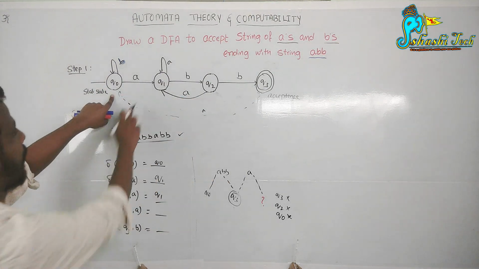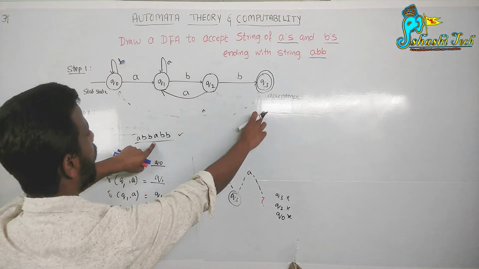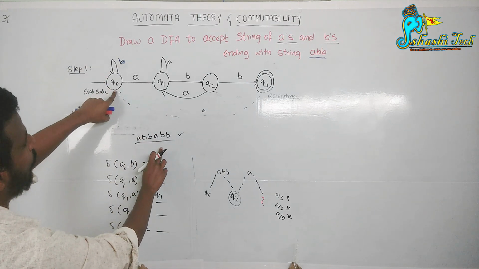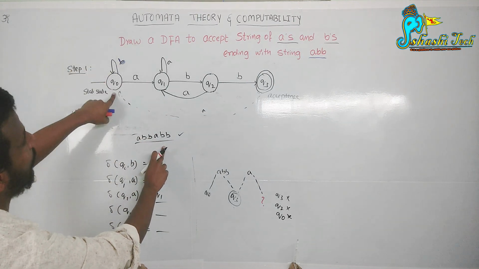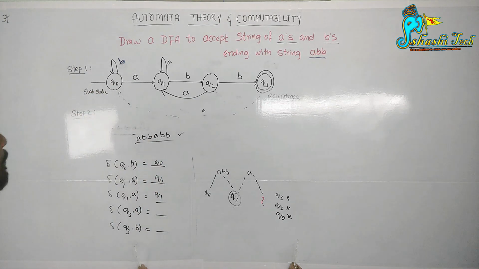Q0 upon accepting A, Q1, Q1 upon accepting B, Q2, Q2 upon accepting B, Q3, Q3 upon accepting A, Q0, Q0 upon accepting B, Q0, Q0 upon accepting B, Q0. It is not accepting. But what is our requirement? The DFA should accept.